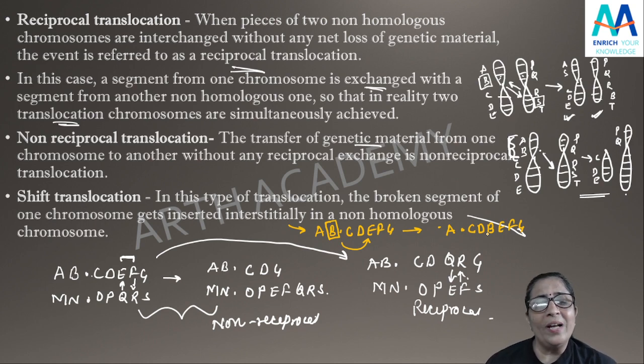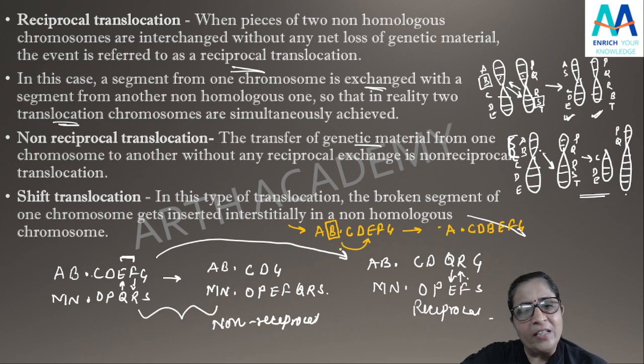One chromosome gets inserted interstitially in a non-homologous chromosome. Got it? Because there was no space, I have rubbed the second part. You can also make MNOPQRS and that B will be inserted there, so it would be MNOPBQRS in that way. But in between it will go there. So that is called as a shift translocation.